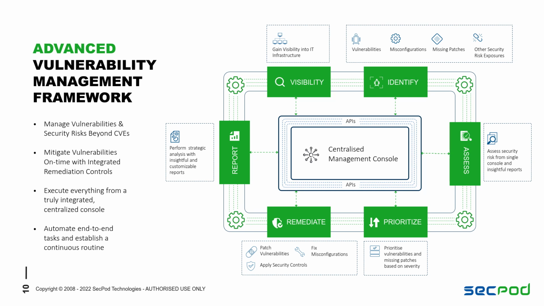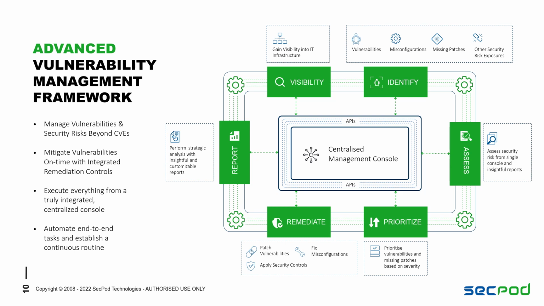And it has to be integrated as well, having a centralized management console where I'm having visibility to all of these, and I'm able to apply the controls that I want to apply to mitigate those risks that are identified. So this is the framework that we propose for implementing an advanced vulnerability management program.